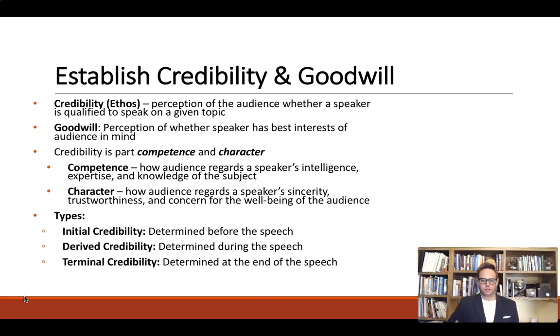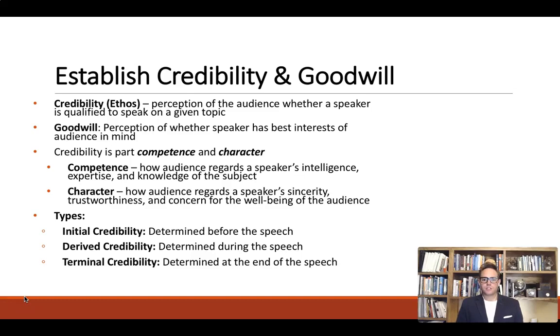They might say, so-and-so has a degree from here, or spent this amount of time researching this topic, they've presented here. So when we as the speaker approach the podium, chances are that credibility will have already been established. Think of it as everything we do before the speech that affects the perceptions of our credibility. Derived credibility is determined during the speech.